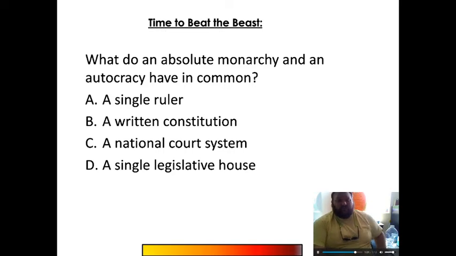All right, so what do an absolute monarchy and autocracy have in common? What do you think? Correct answer is A. So if you got A, very good job.